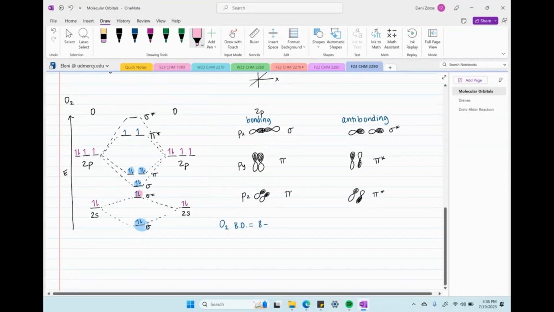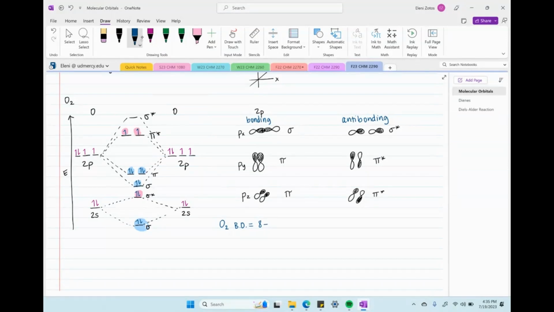And then subtract all of the electrons in antibonding orbitals. That is 4 electrons in antibonding orbitals, divided by 2. So 4 divided by 2 is a bond order of 2.